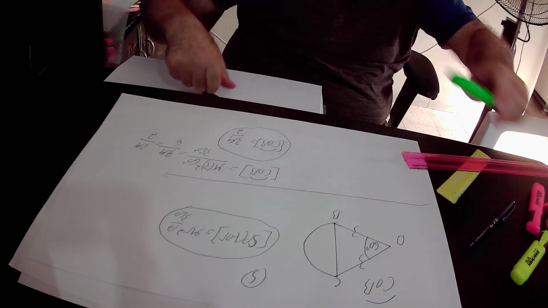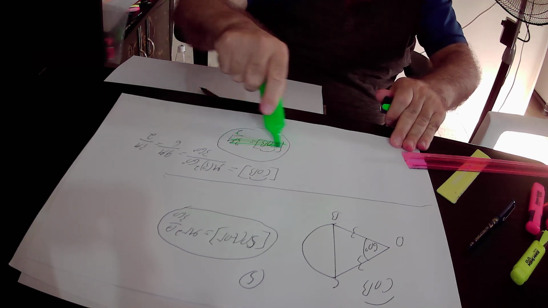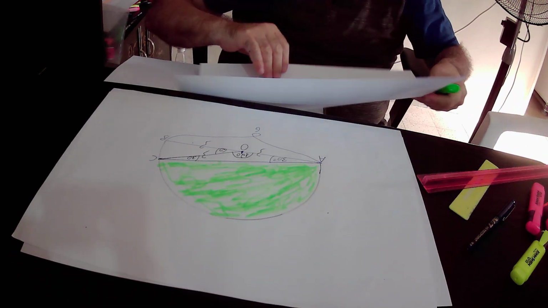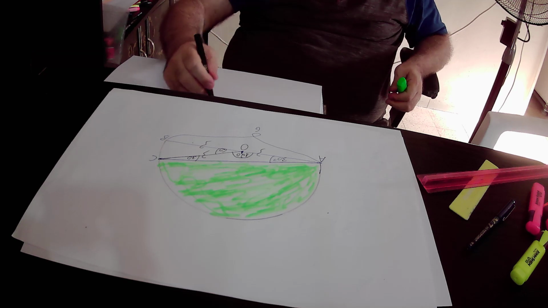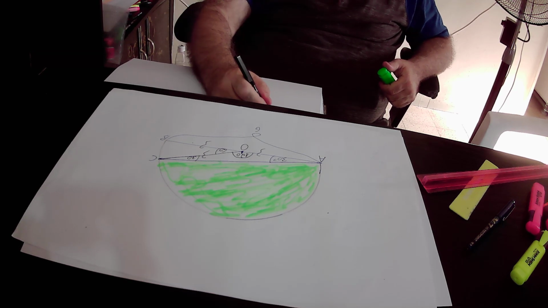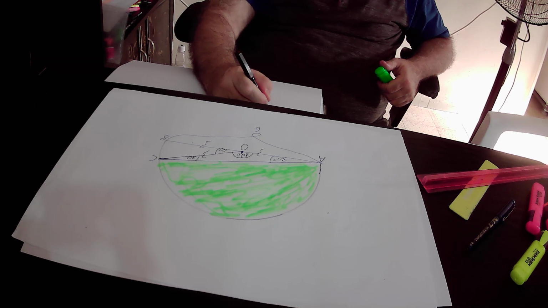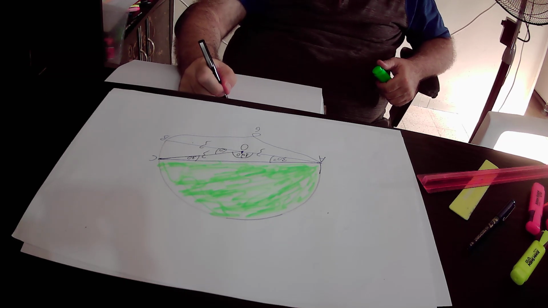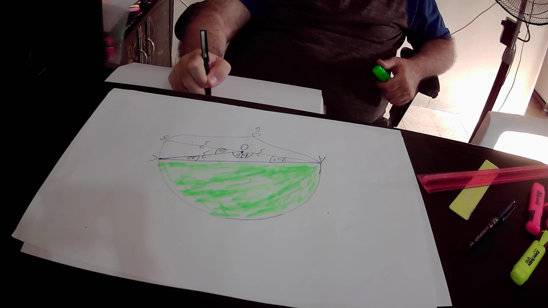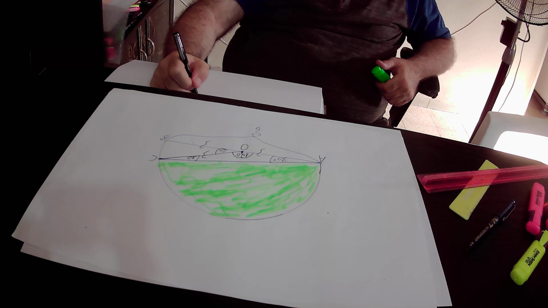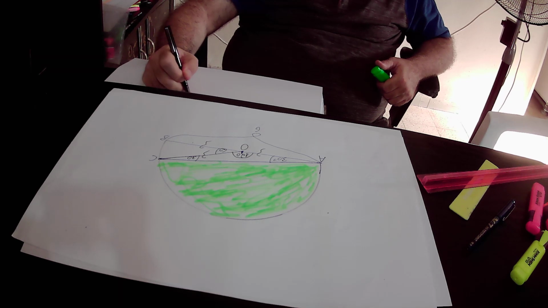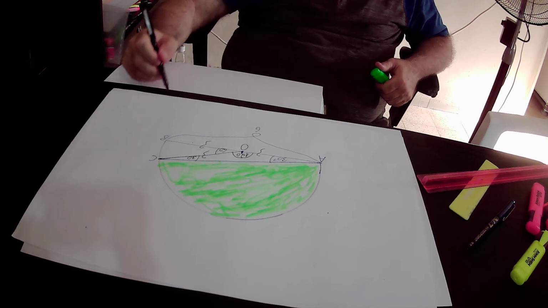Okay, now we can find out the area of the green shape according to the second method. I remind you that the area of the green shape according to the second method is equal to the area of the semicircle minus the area of triangle AOC minus the area of sector COB.